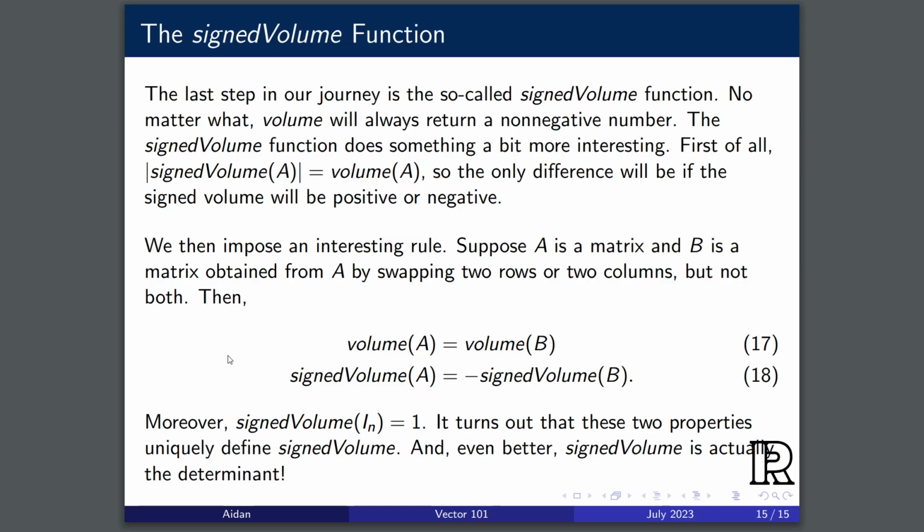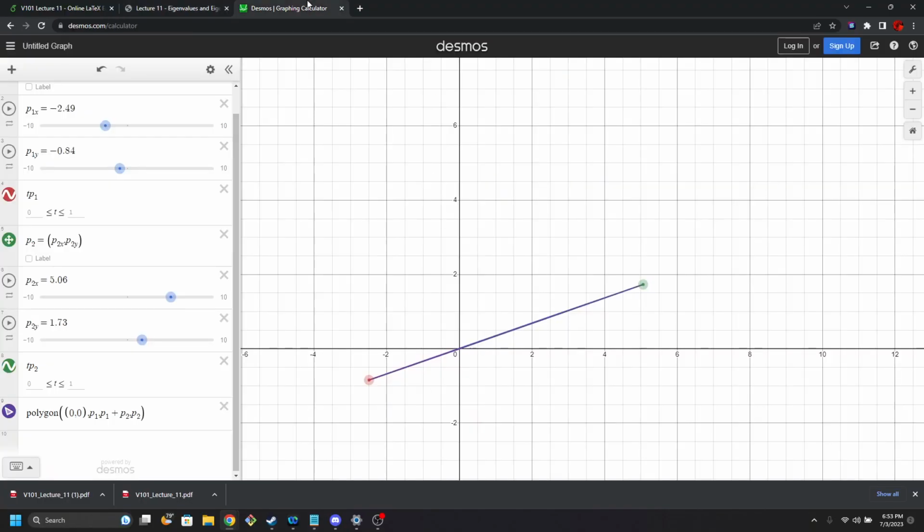But signed volume, the sign will change. So maybe right now the area is positive, but if I flip these two, now the sign is negative. The area is negative.